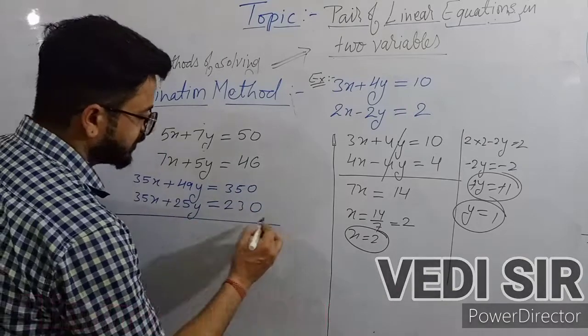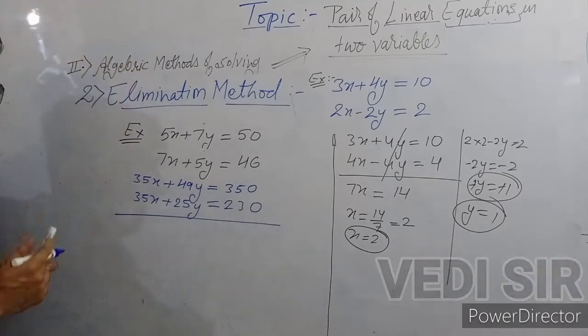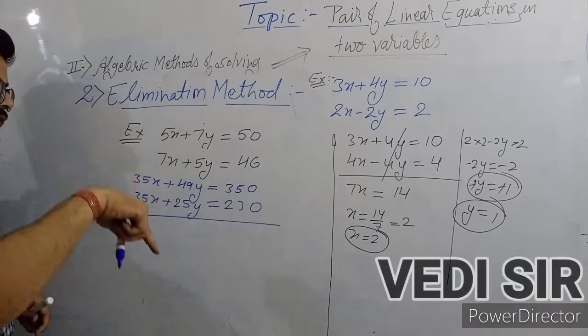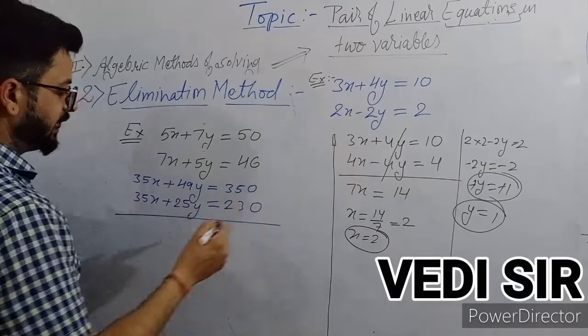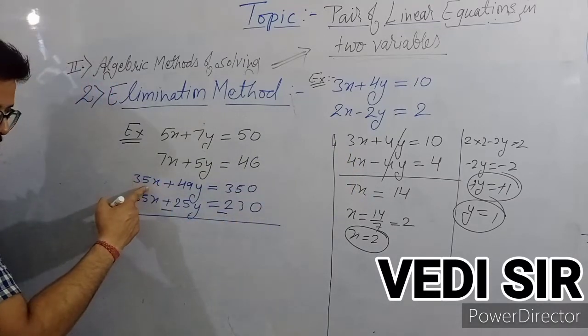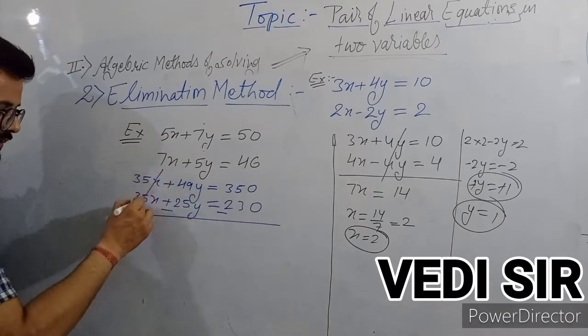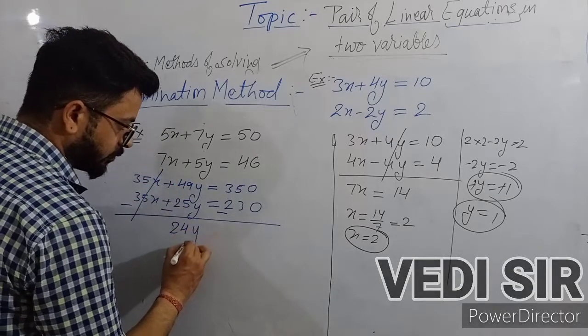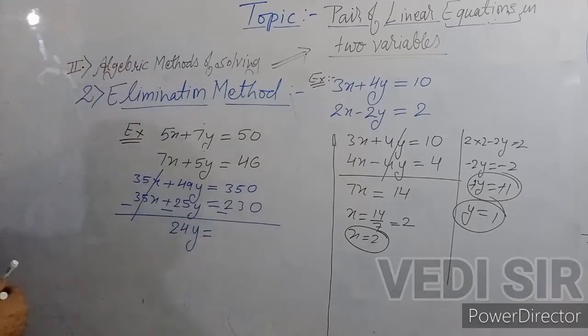Now what I am doing, I am adding. Now if I add, then no term will be eliminated. So in place of addition, here we did addition, now here I am doing subtraction. Now 35 plus and 35 minus cancelled. Now from 49, 24y, and here I think I have written something wrong.